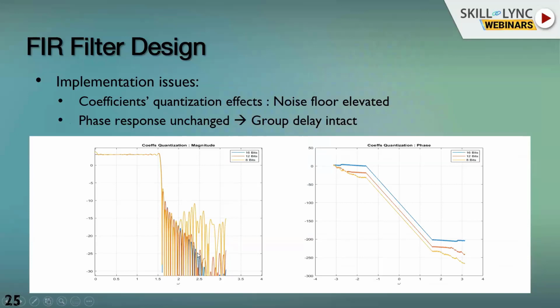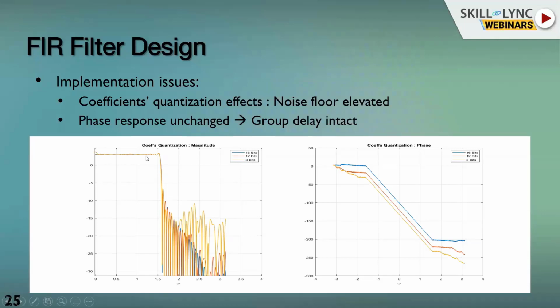The blue curve has filter coefficients of width 16 bits, the red one has 12 bits, and the yellow one has 8 bits. Depending upon the capability of our system, if we are capable of only 8 bits of filter coefficients because of memory constraints or whatever constraints we have, then we have to live with it.